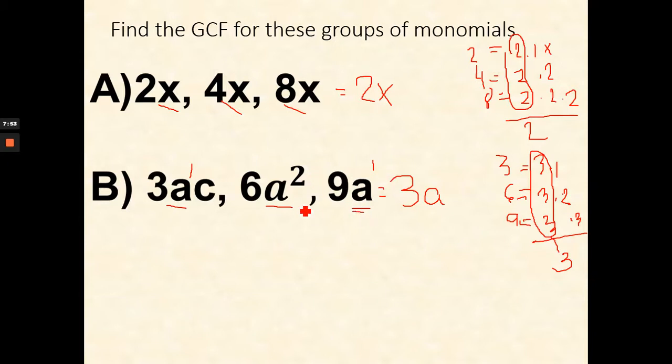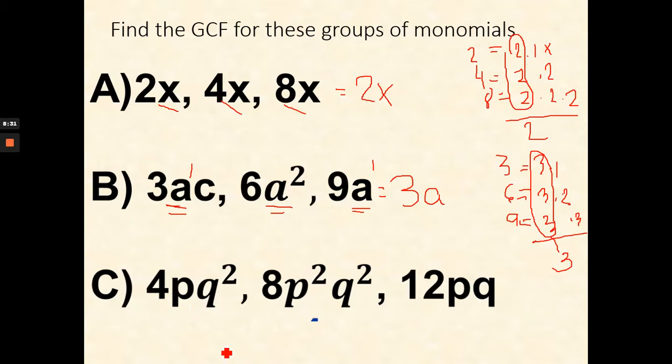In order to find the common factor of the variables, you need to get the lowest exponent, and that is a raised to 1. Can you follow? Now, how about c? Do we have c on this one? No. Therefore, the greatest common factor of these terms is 3a.